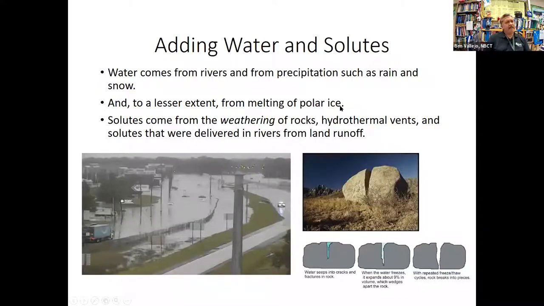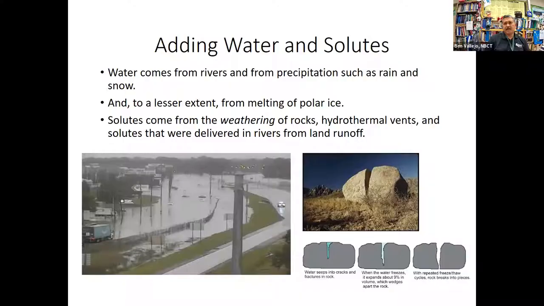Now, I remember when I first started teaching in the 1980s, they said that by the year 2000, the polar ice caps would melt so much that the level of the ocean would rise 65 feet.